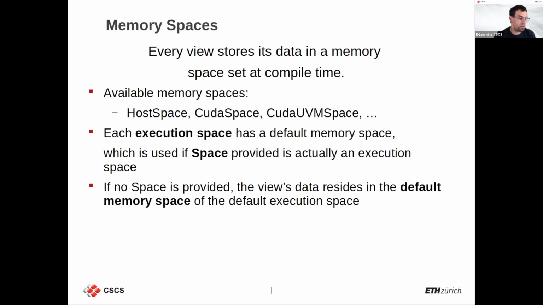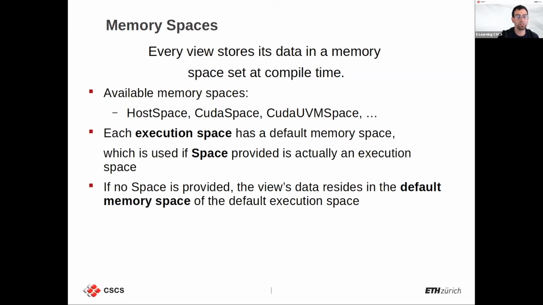Which memory spaces are available? There is the host space, and then there are others like CUDA space, CUDA UVM space, which is completely different from CUDA, heap space, and SYCL space. Each execution space has a default memory space, which is used if the space provided is actually an execution space.